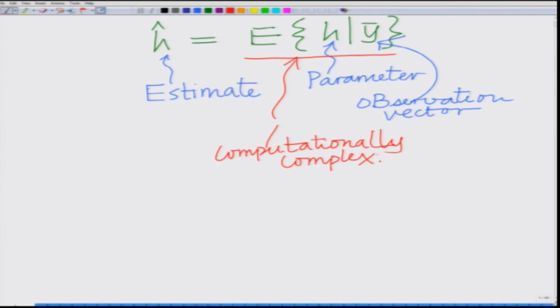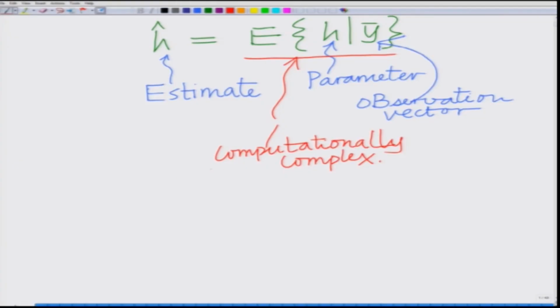Why are we saying this is computationally complex? Because to compute this expected value over the posterior probability density function, that is the expected value of h given y, first we have to compute f of h given y bar, that is the probability density function of the parameter vector h given the observation vector y.